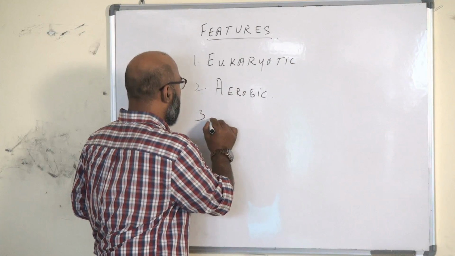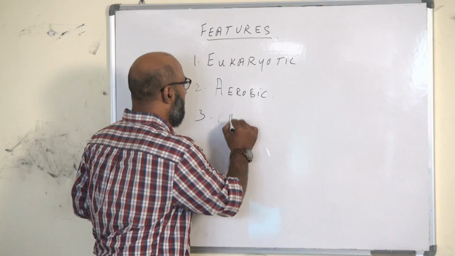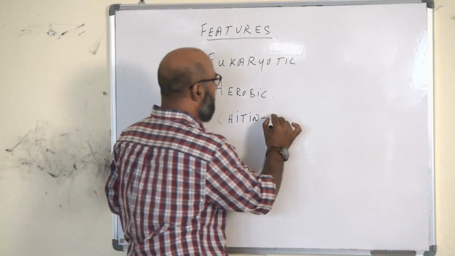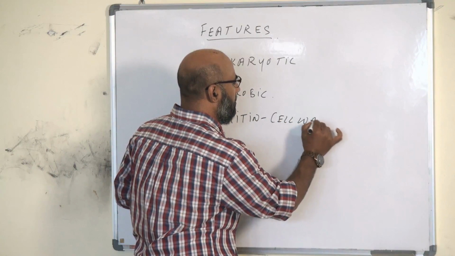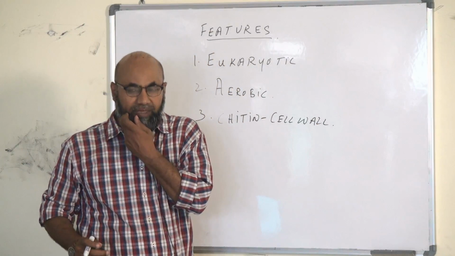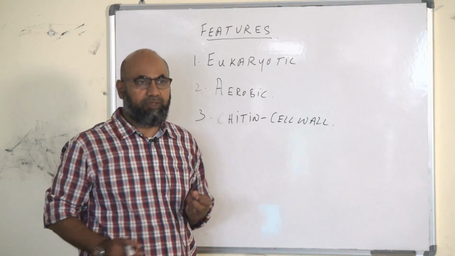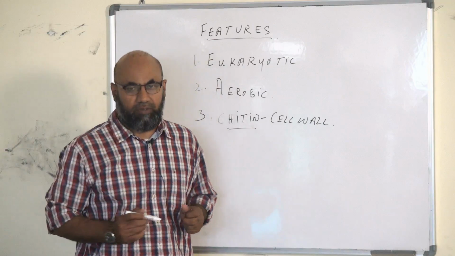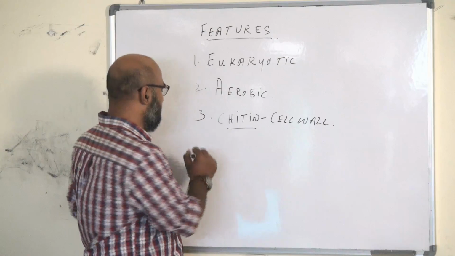Number three is they contain chitin in the cell wall. Okay. This question has been asked multiple times: how are the fungi distinguished from other organisms? It is due to the presence of chitin in their cell wall. So that's the third feature that distinguishes fungi.